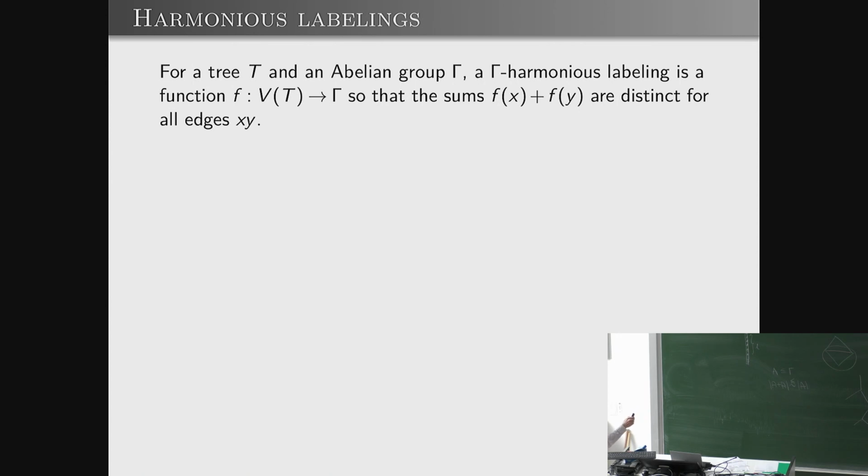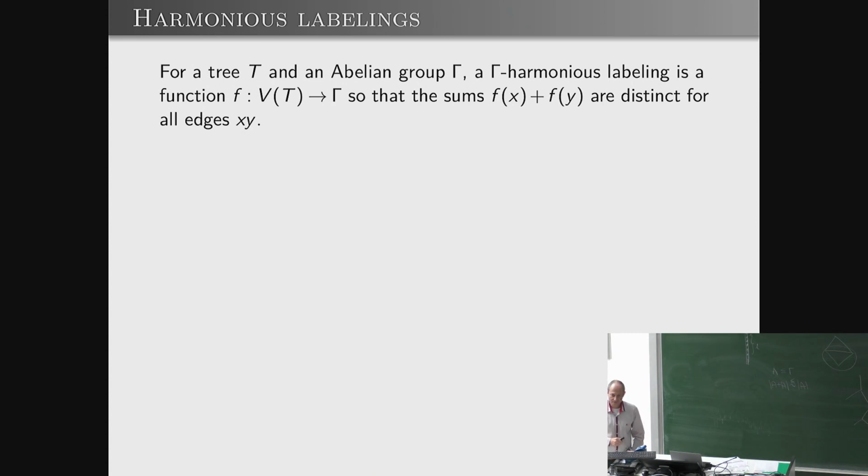If you have a tree, and here we only look at trees, I want to label the vertices of the tree by elements of some group, and I call such a labeling harmonious if, when I compute the sum along the edges, all sums are distinct.